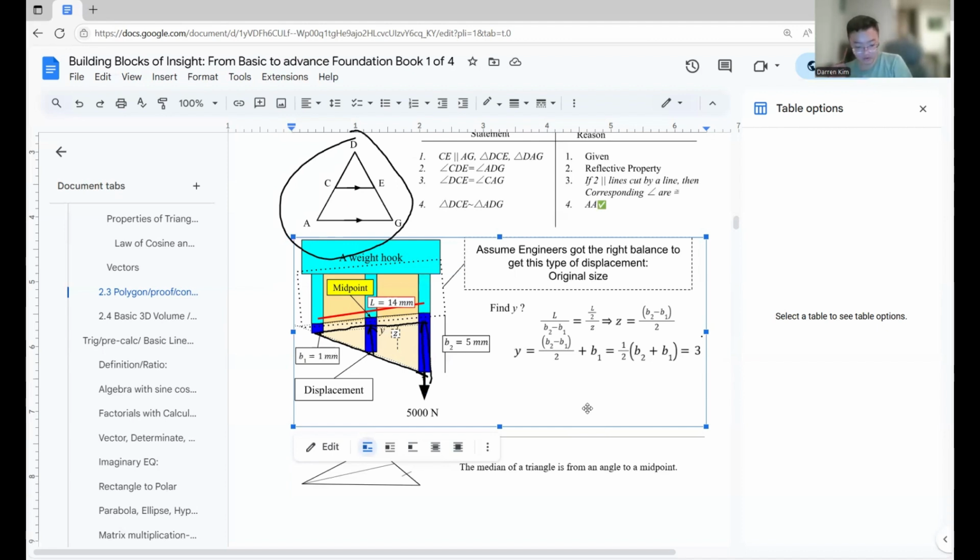Now I can do my math, which is L divided by, we know that this is B1, base 1, base 2. Base 2 minus base 1 is a new ratio that we're looking for. Now L divided by 2, this is Z now. And this is what we're looking for because Z plus base 1 is going to give you the answer, right?